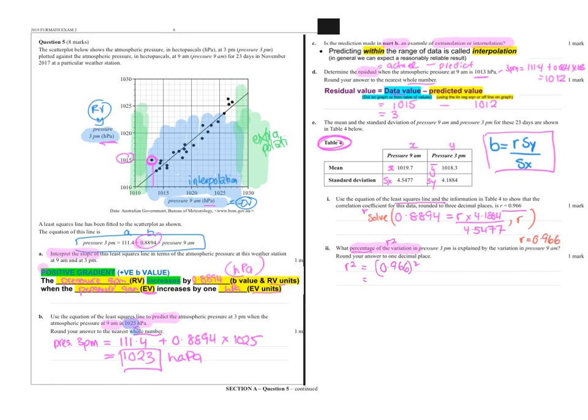So I've got this to be 0.933, and if I change that to a percentage, it would be 93.3%. They've just asked you for the percentage, so there's your answer there. They haven't asked you to interpret, but if you had to interpret, you'd have to go get the blurb.